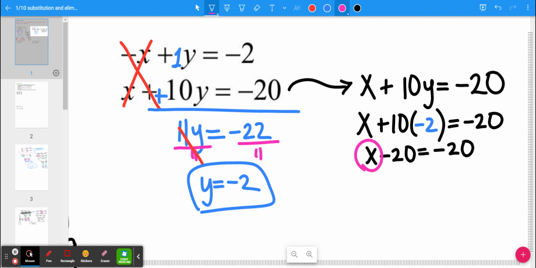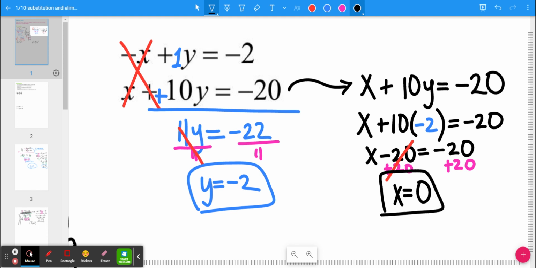And now I still want to get this x by itself, so I'm going to have to get rid of the -20. I'm going to add 20 to both sides. These cancel, and now I have x all by itself. -20 plus 20 is equal to 0. So this is the other half of my answer. Now I just have to plug it in into this xy coordinate.